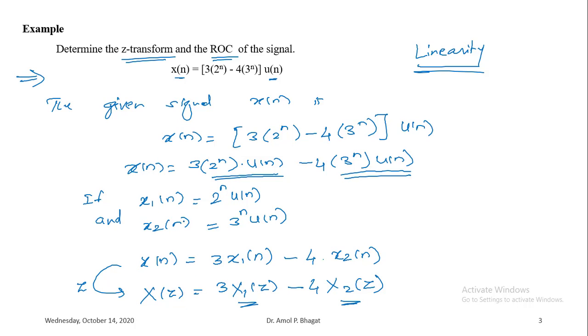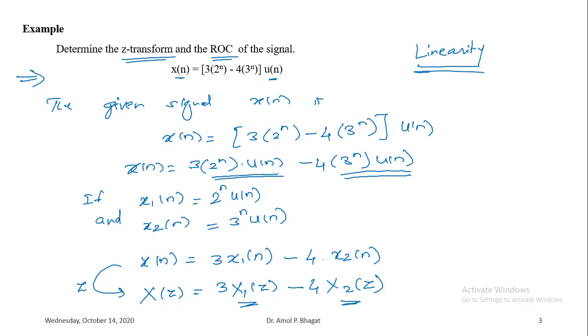Initially we'll try to identify the z transform of x1 of n. Here x1 of n we have taken as 2 raised to power n into u of n.